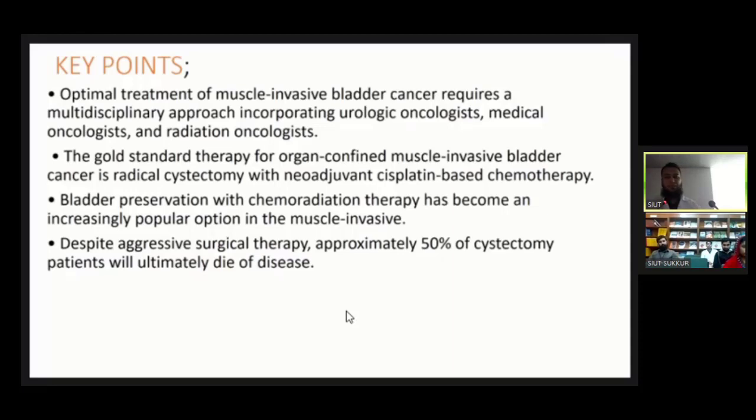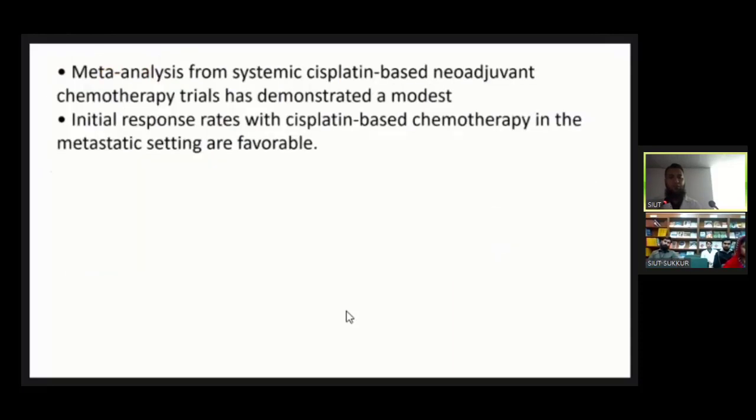Despite all this, 50% of cystectomy patients will ultimately die of disease. Meta-analysis of cisplatin-based neoadjuvant chemotherapy trials has demonstrated a modest benefit, with cisplatin-based chemotherapy in the metastatic setting favorable for the patient. Thank you.